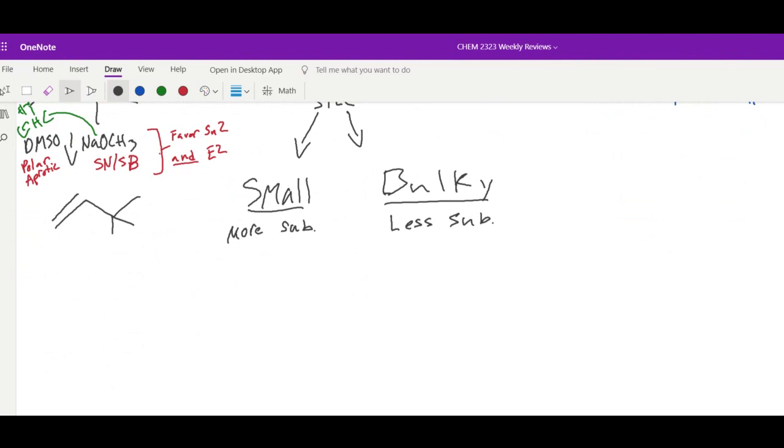All right, so some common examples of small bases and bulky bases. Actually, before we get into that, I'll draw what I mean. This is an example I love using, so I'm going to continue using this. I have a bromine right here. And notice I don't have any stereochemistry, so don't worry about E1 or E2 or the anticoplanarness.